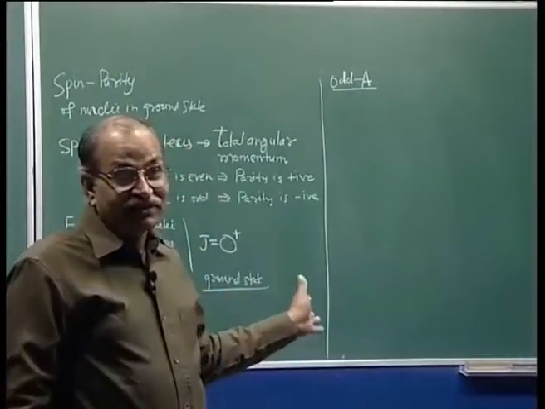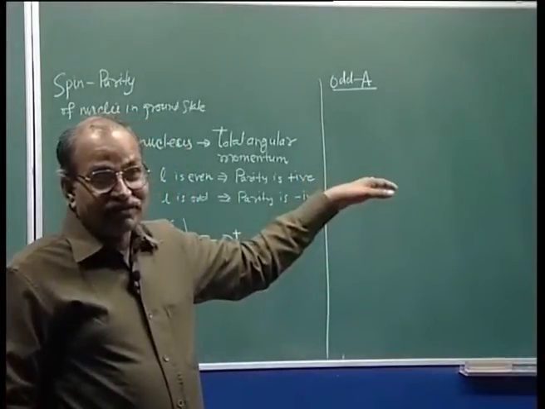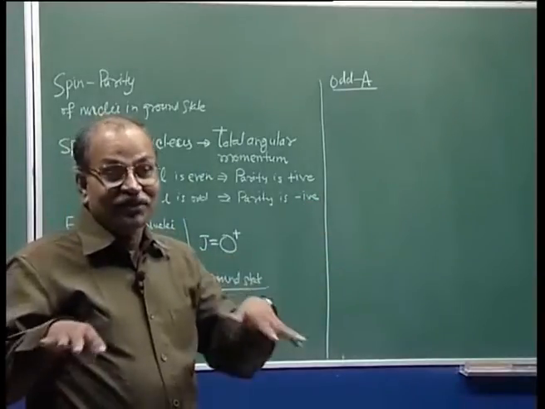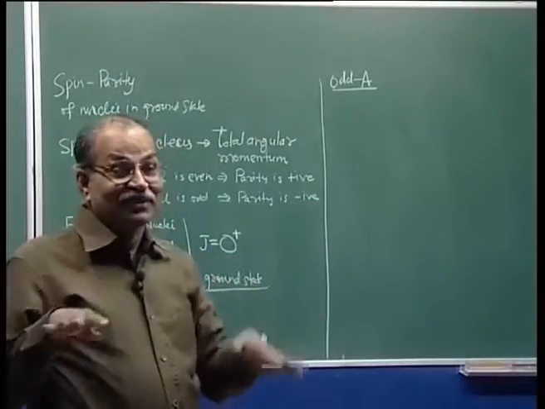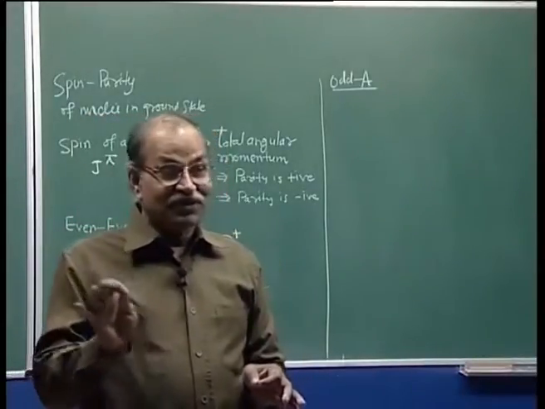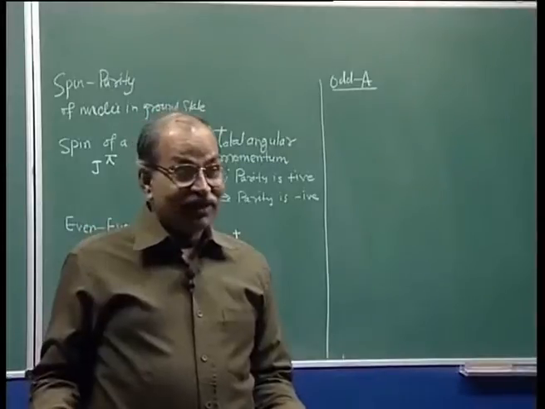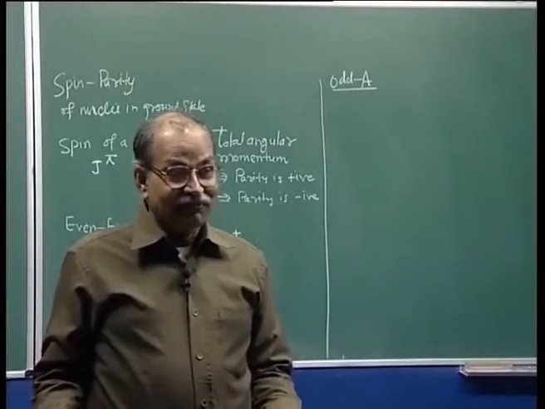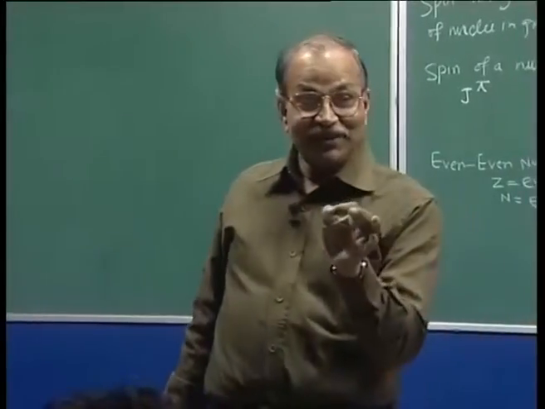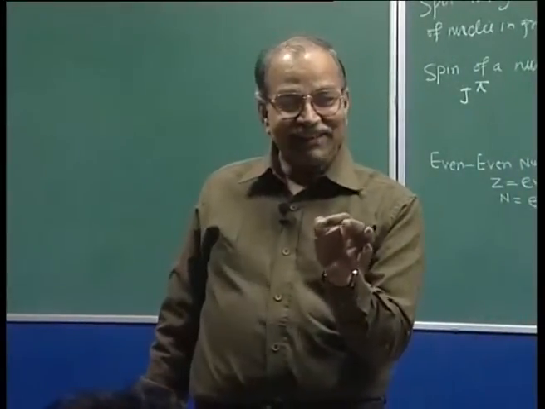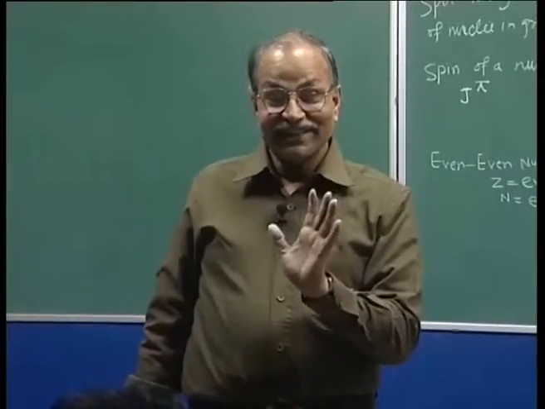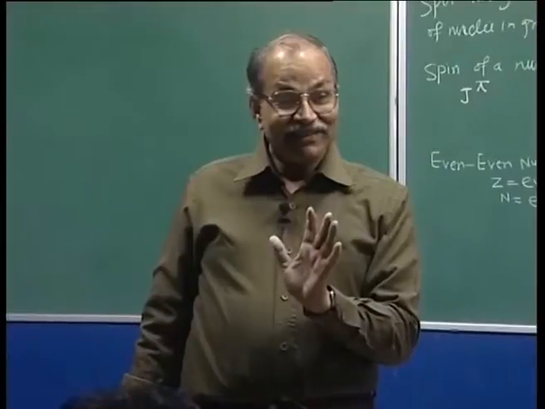Apart from even-even and odd A, the other possibility is that both are odd, and the total is even. But very few odd-odd stable nuclei exist, some 4 of them in the lighter ones. Nitrogen 14, 7 protons, that is a stable element, and so on.